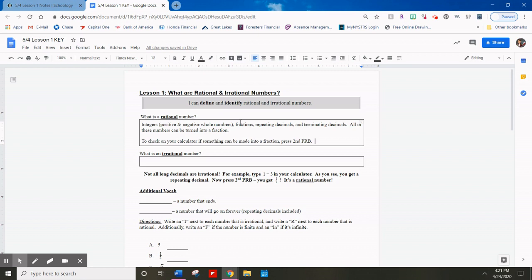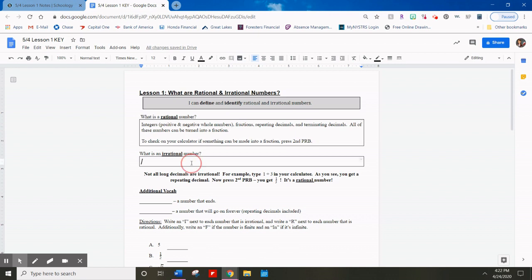There are other ways of doing it online, but it's honestly going to be the best option for you to have some sort of scientific calculator. So try to get one if you can. The one that we use in class is a TI 30X2S. So hopefully you can find one of those for the purposes of doing this new learning. So that's a rational number.